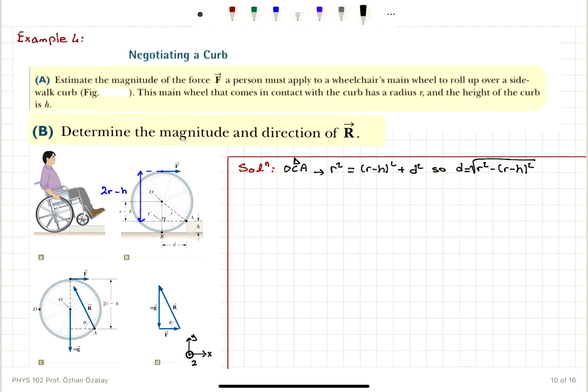And we have this just at the verge of rolling up. That means we have equilibrium.